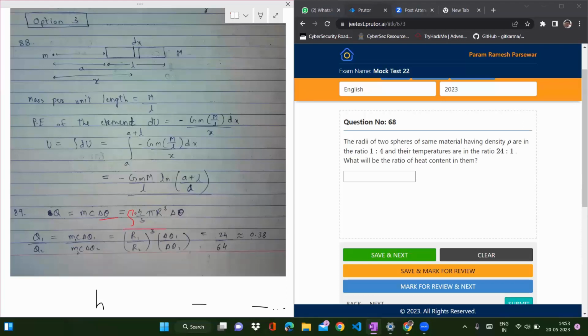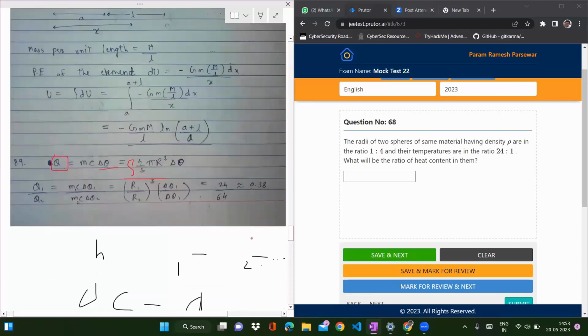So by this relation, we have the heat which is absorbed. We see that Q is proportional to R cube and to the change in temperature. So we take the ratio Q1 by Q2, R1 by R2 whole cube times delta theta 1 by delta theta 2. Putting in the values of these ratios, one is to 4 and the other is 24.